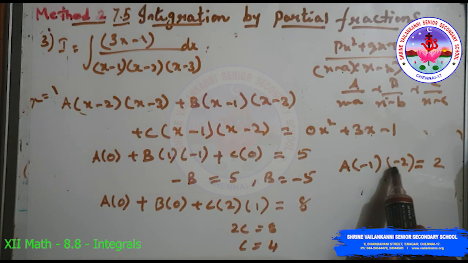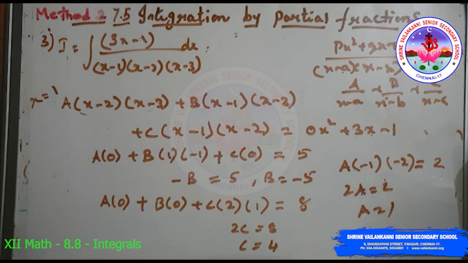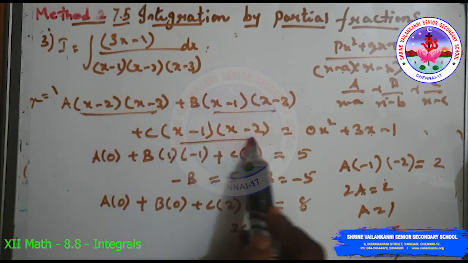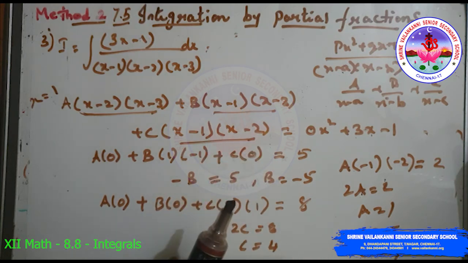So minus into minus is plus, 2A equal to 2, we get A equal to 1. So A is 1, B is minus 5 and C is 4. Now we have to substitute this in the rational function. Otherwise we can find this by multiplying these two factors and equating the coefficient of x square, x and the constant term.